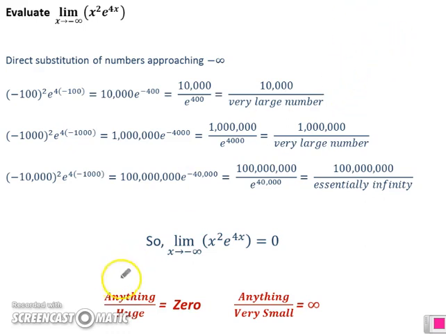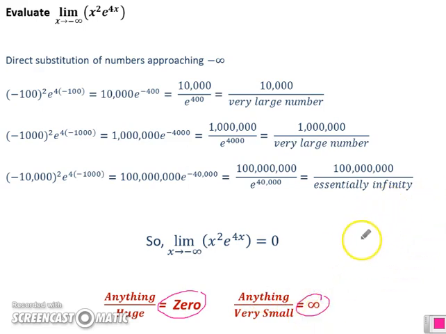Just remember that anything divided by something huge, such as infinity, will give you zero. And anything divided by something really small, like, it can't be zero because then it's undefined, but if it's like 0.00000 something, that means the top number is bigger, so that equals infinity.